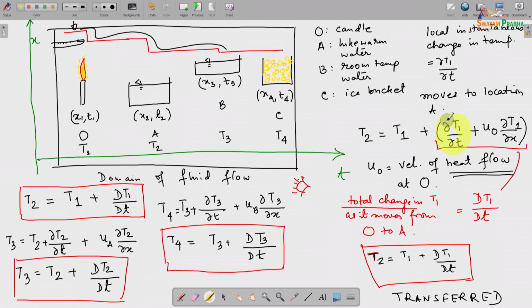That will be the delta T1 by delta T, then in the Lagrangian view delta T2 by delta T local, and then delta T3 by delta T, and what I haven't written is delta T4 by delta T. So, the ones that I have highlighted in yellow are essentially the Lagrangian point of view.